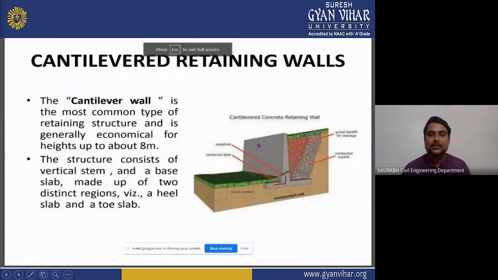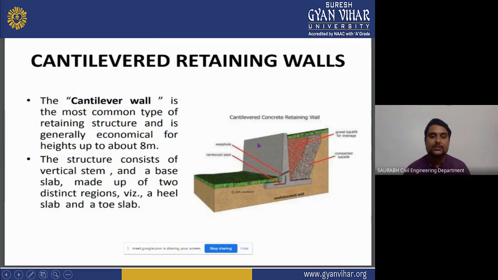Here, as you can see, is your cantilever retaining wall, and there are also some components of the cantilever retaining wall. First we will see the definition of a cantilever wall. A cantilever wall is the most common type of retaining structure and is generally economical for heights up to 8 meters. It means a cantilever wall is generally prepared for a height of 8 meters.